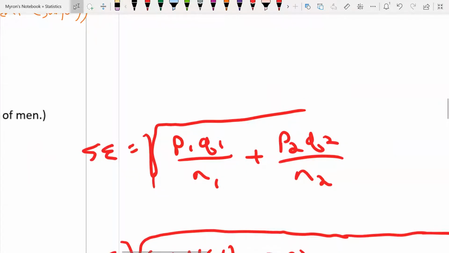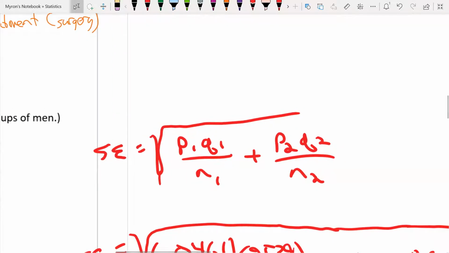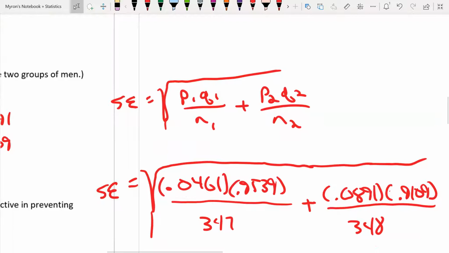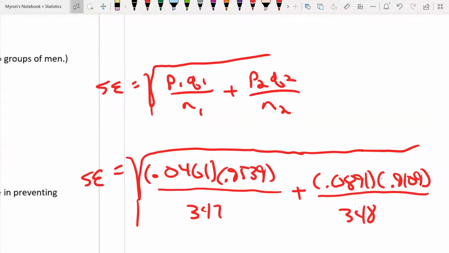The standard error, when you have two groups like this, remember how to find standard deviation with two groups? It's Pythagorean. We got to add the groups together, right? So you actually have to add the groups together here. Actually, you don't Pythagorean here. We're just adding the groups together because it's two different groups. So we got p1 q1 over n1 plus p2 q2 over n2.